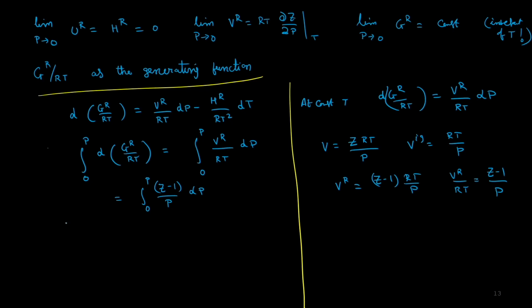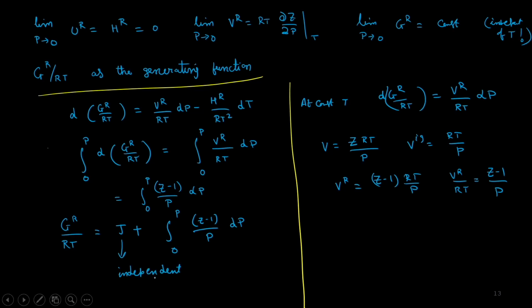Or in other words, G^R by RT at any given temperature T and pressure P is going to be some constant J plus the integral from 0 to P of (Z minus 1) by P dP. Noting that this constant J needs to be independent of temperature. That's what we said. At the 0 pressure limit, it is independent of temperature.